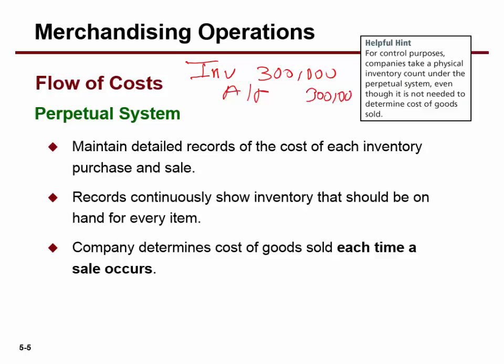Okay. And then if I sell $100,000 worth of that for 160,000, what am I going to do? Debit accounts receivable, 160,000, right? Credit sales, 160,000. But for this discussion, the more important part is, what do you want me to do with the inventory?